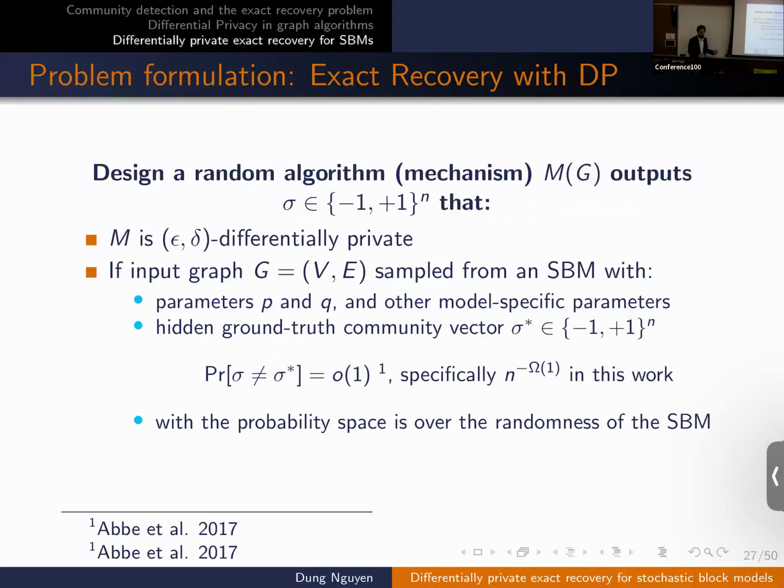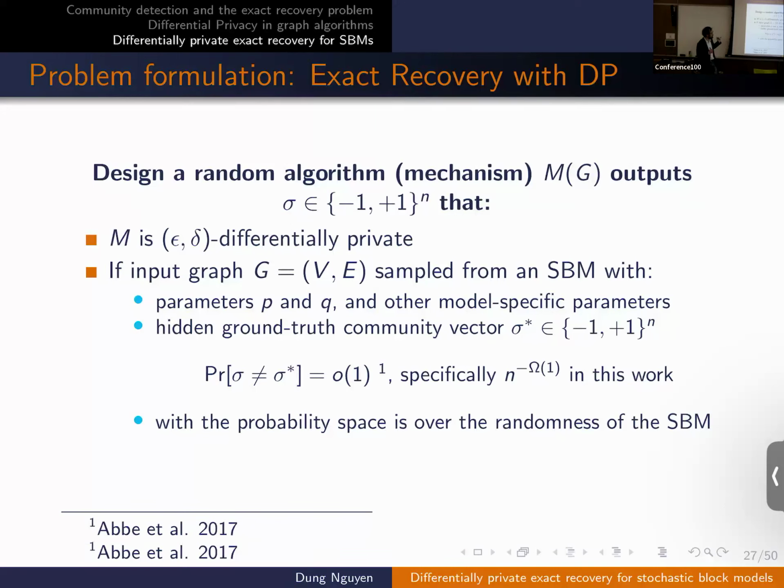The goal is to design a private algorithm that outputs a vector in the form of -1 and +1. It is an n-dimensional vector here. And we want the algorithm to be epsilon-delta private, with any constant epsilon and delta.